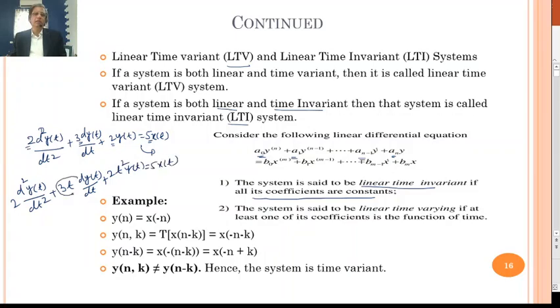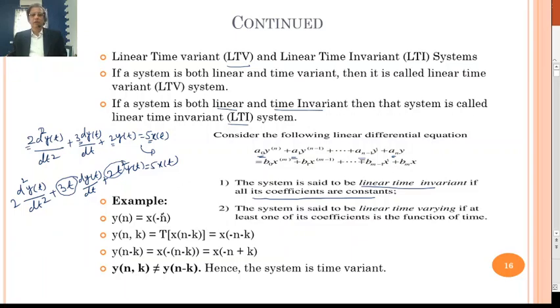Here these coefficients are functions of time, and if any one coefficient is a function of time, that system is a time variant system.